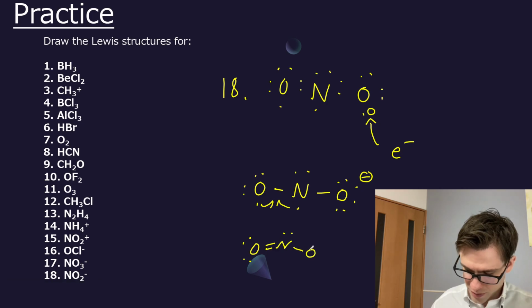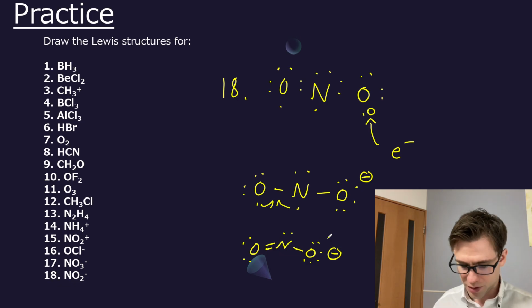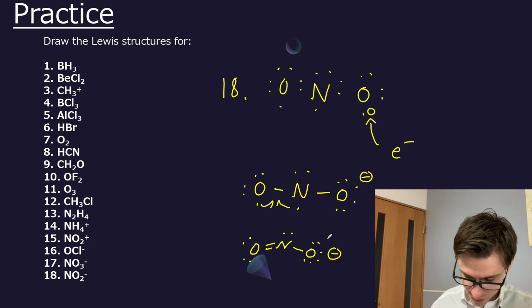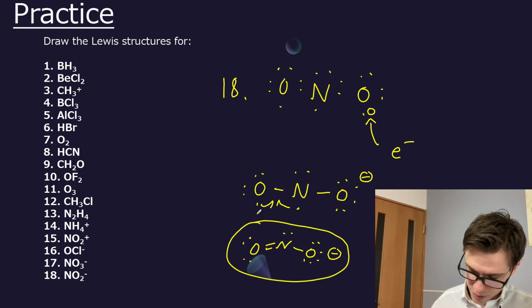And then we'll have a negatively charged oxygen on the right that has received an extra electron from somewhere. We don't know where, but it has received one. So I think that structure is okay. You can either draw it like that or in the brackets.